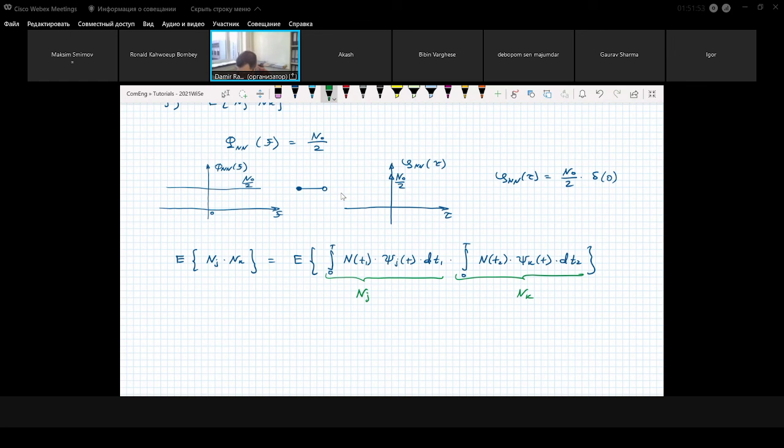So then we can combine these integrals, and we can write this as a double integral from 0 to capital T, both of them, of the expected value of n(t1) times n(t2), times the product of two basis functions, psi_j(t) times psi_k(t), times dt1 dt2.